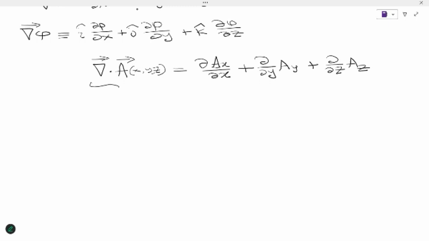So these two are vectors, and which gives a scalar.